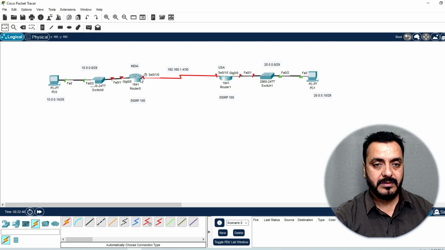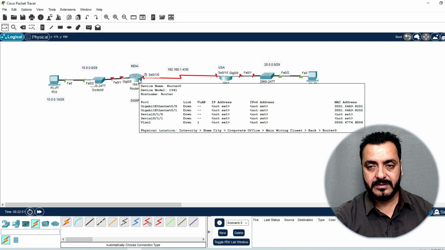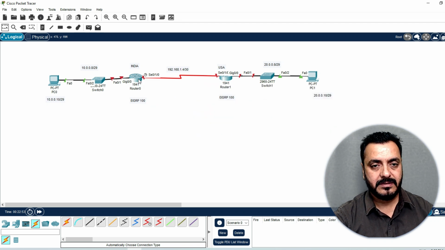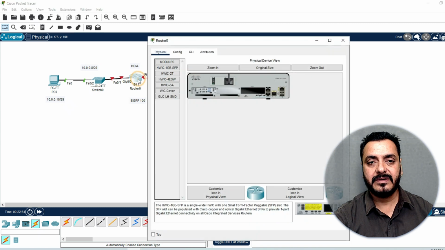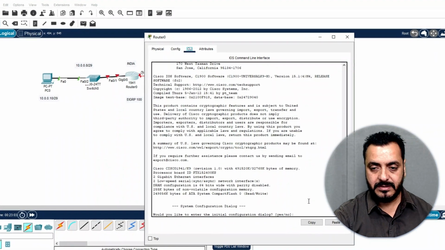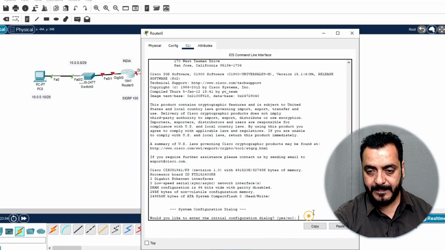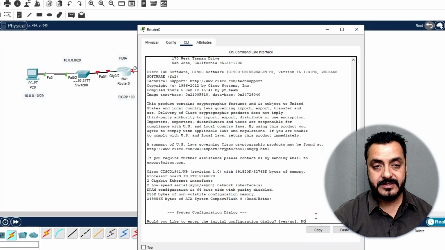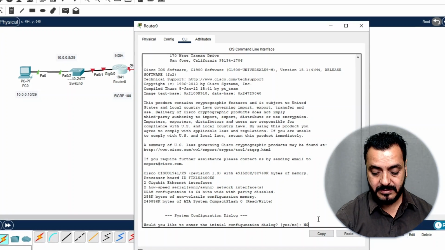Now we are going to configure logical configurations on this physical network. Firstly, we will configure IP addresses to each interface of the router. So we are going to start the configuration on the first router, that is the India router.